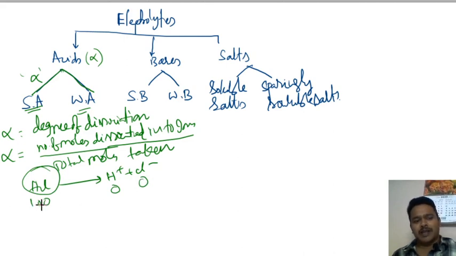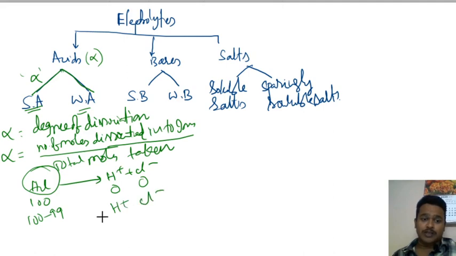After some time t, out of 100, 99 HCl molecules convert into H plus and Cl minus. So 99 H plus and 99 Cl minus.